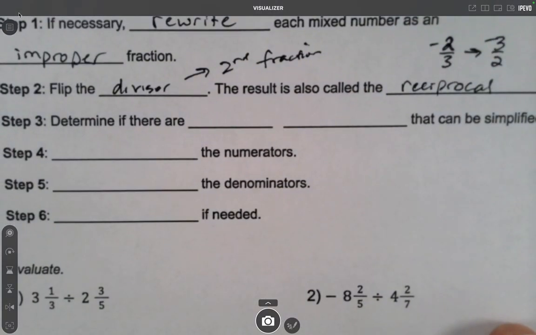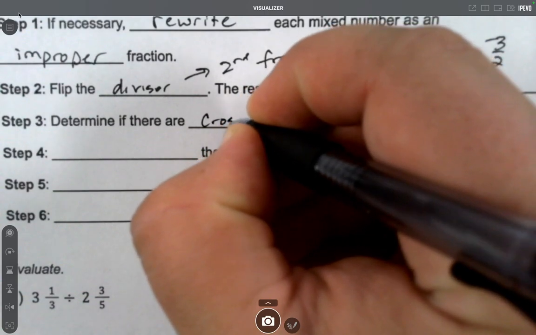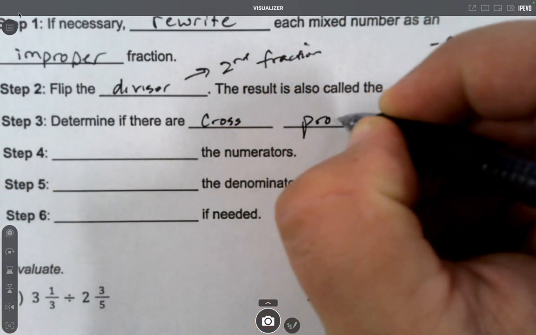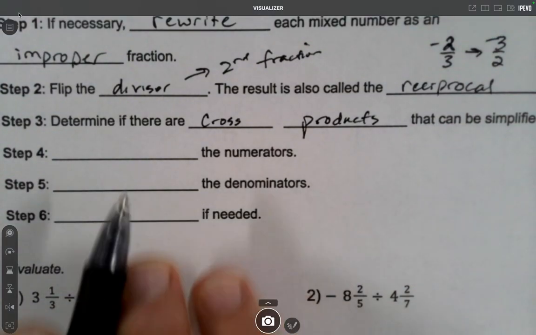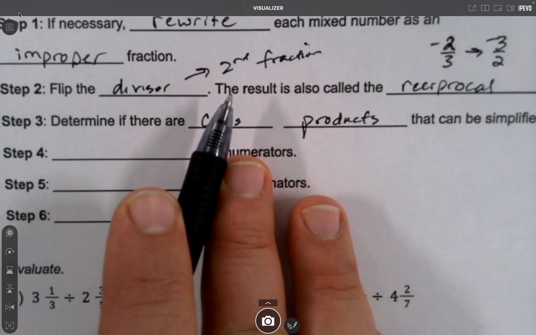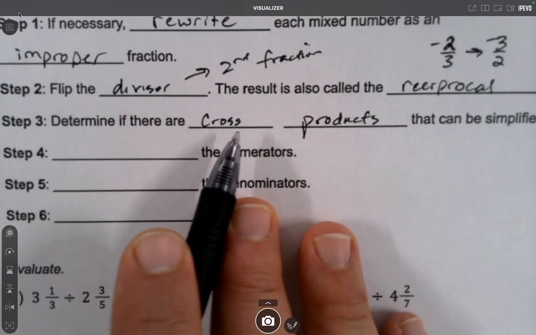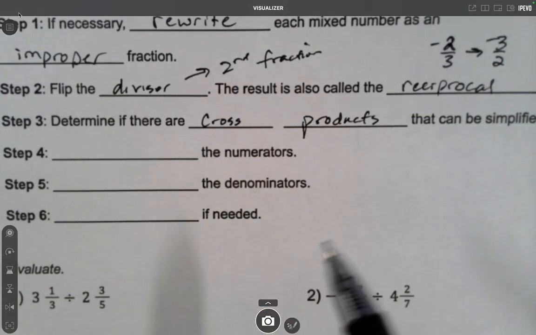Okay, the rest of the steps are identical to what we did in multiplying. Determine if there are cross products that can be simplified. That must be done after you flip the second fraction. Do not try to cancel anything out before you flip. So this order really does matter. You flip, then look for cross products.